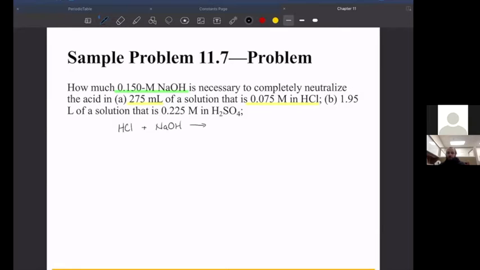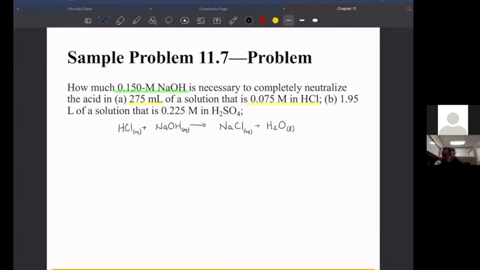It's a double displacement, so you're going to swap those cations. So now the sodium is paired with the chloride, and the hydrogen is paired with the OH, and that makes water, right? So that's what you should have in your head about acid-base reactions: acids mixed with bases to form salts and water. And so that's what we see here.